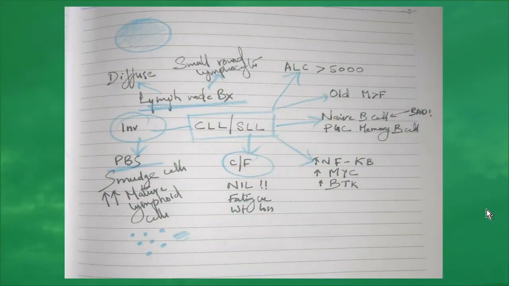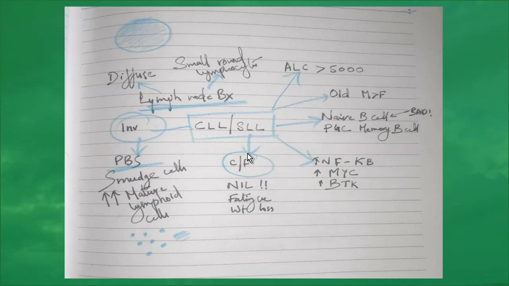Forgive my poor handwriting, but the idea is to convey the concept here. It's called chronic lymphocytic leukemia, small cell lymphoma, because of a reason. As we saw, it can spread in the peripheral blood, and it can be there in the lymph node also.